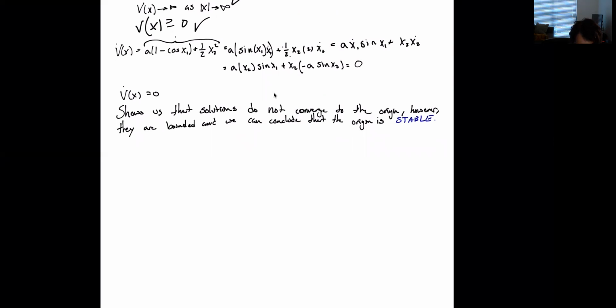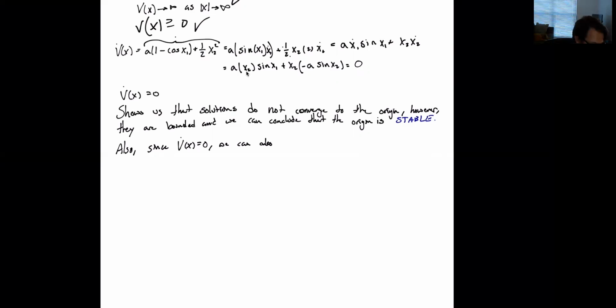Also, like I mentioned, since v dot is equal to 0, which again means that the energy does not change, because our Lyapunov function is the energy equation of our system. This shows us that the energy doesn't dissipate.